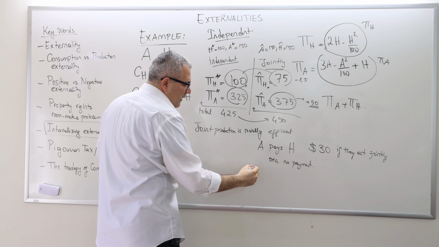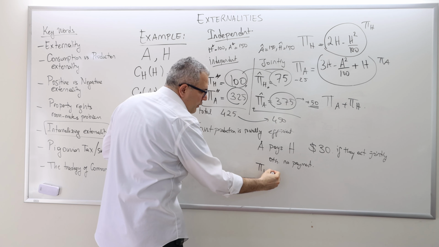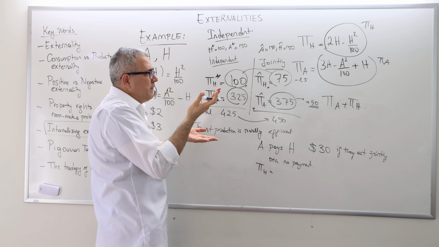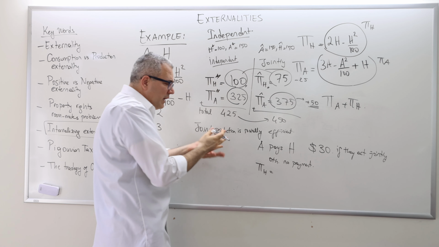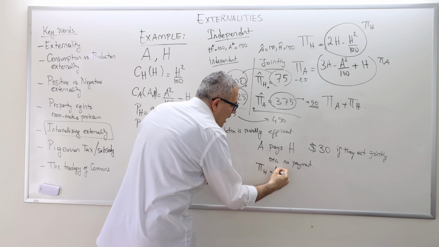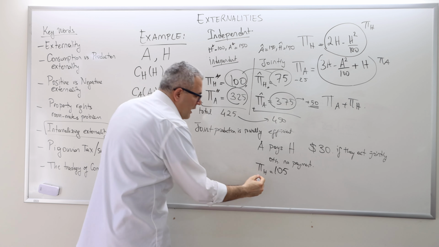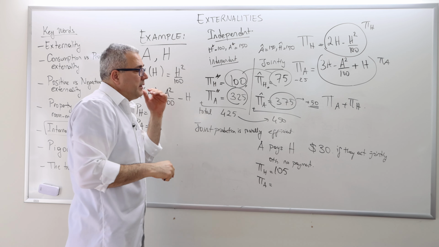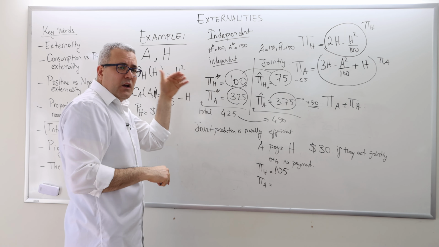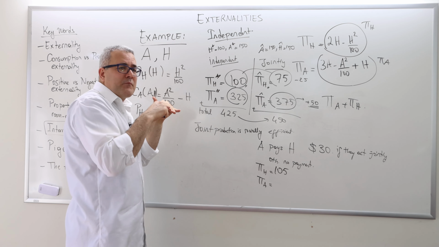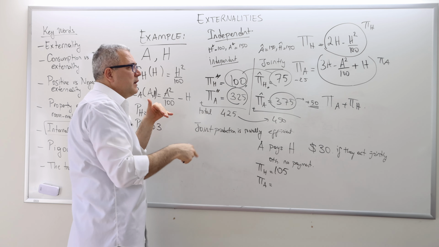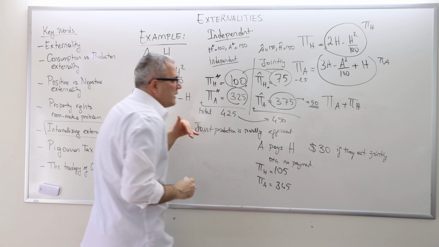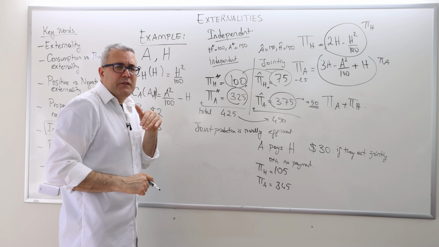So what happens when they act jointly? The profit of the honey producer is $75 because he's producing 150 units of honey, plus $30, so it's going to be $105. And the apple orchard is making $375 of profit, but it's making a $30 side payment to the honey producer, so it's left with $345.